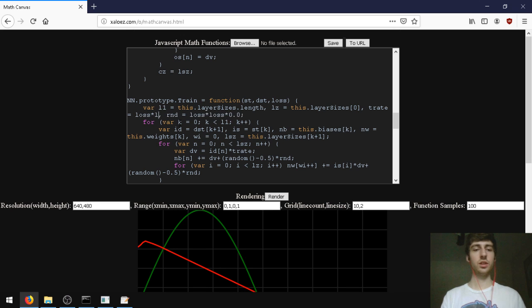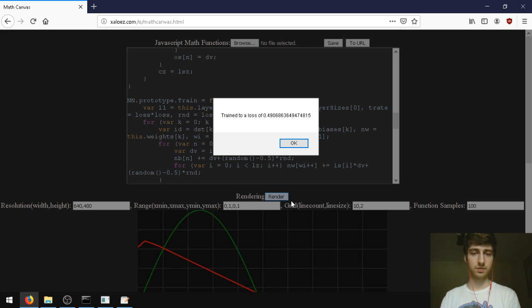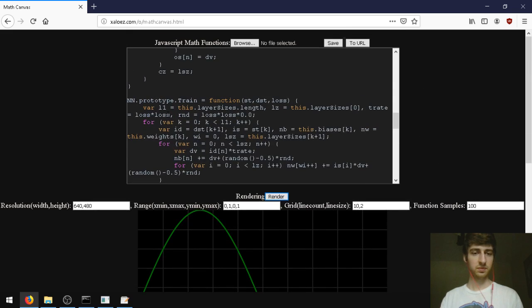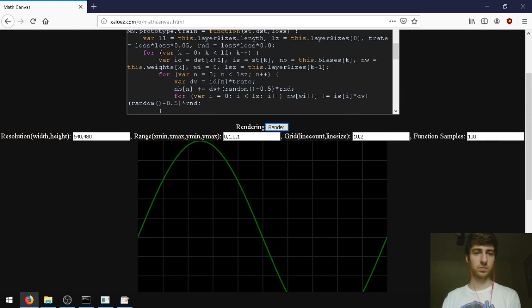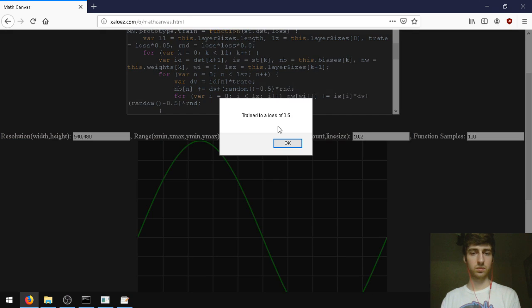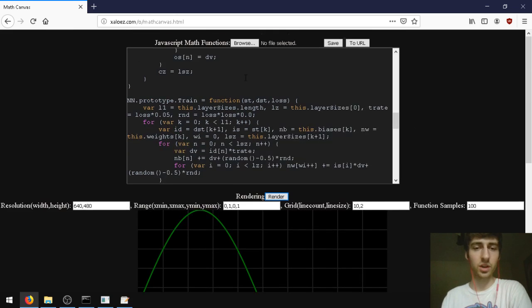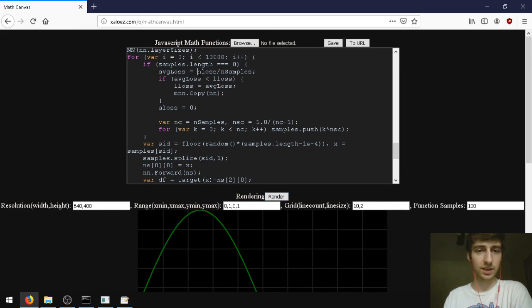So let me try training it by loss. Oh, I'm not clamping the loss, so it's insanely high at the beginning.